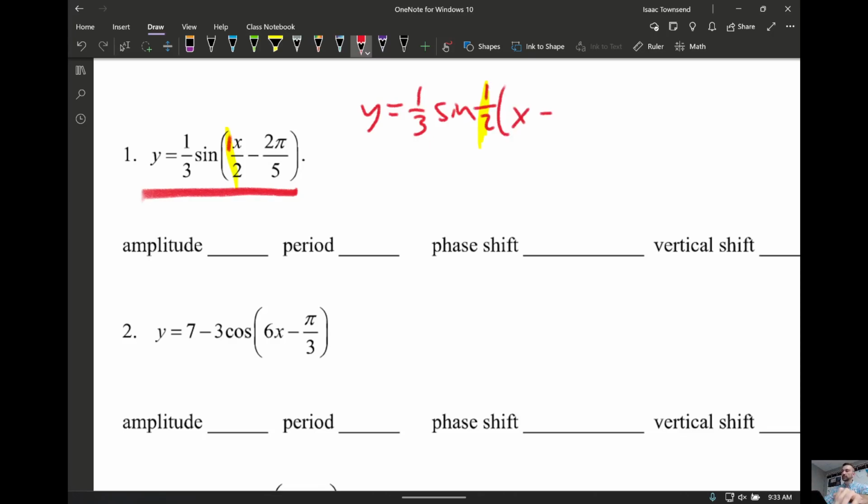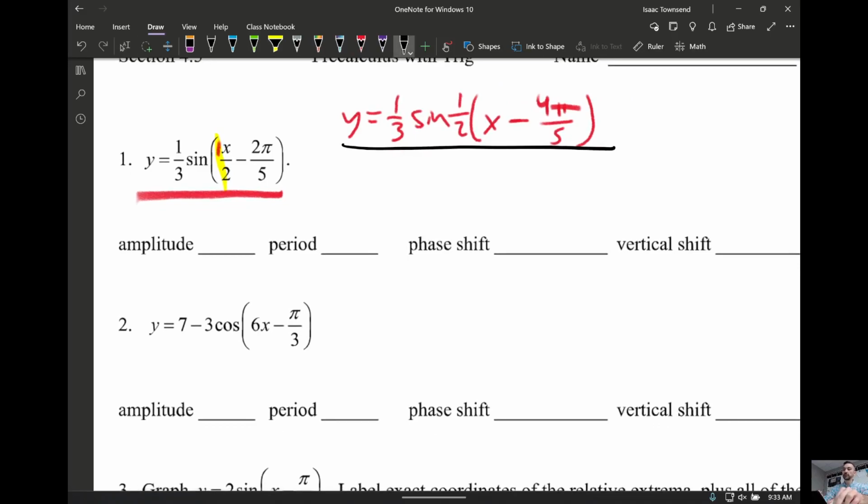Now if I distribute 1/2 to x, I get 1/2 x, which is what it's supposed to be. And then if I distribute 1/2 to 4 pi over 5, it's 2 pi over 5. So you don't have to write it like this at all. But do you see how this 1/2 is just being factored out front? Okay, go ahead and try question 1 so I can say why some people prefer to write it this way.